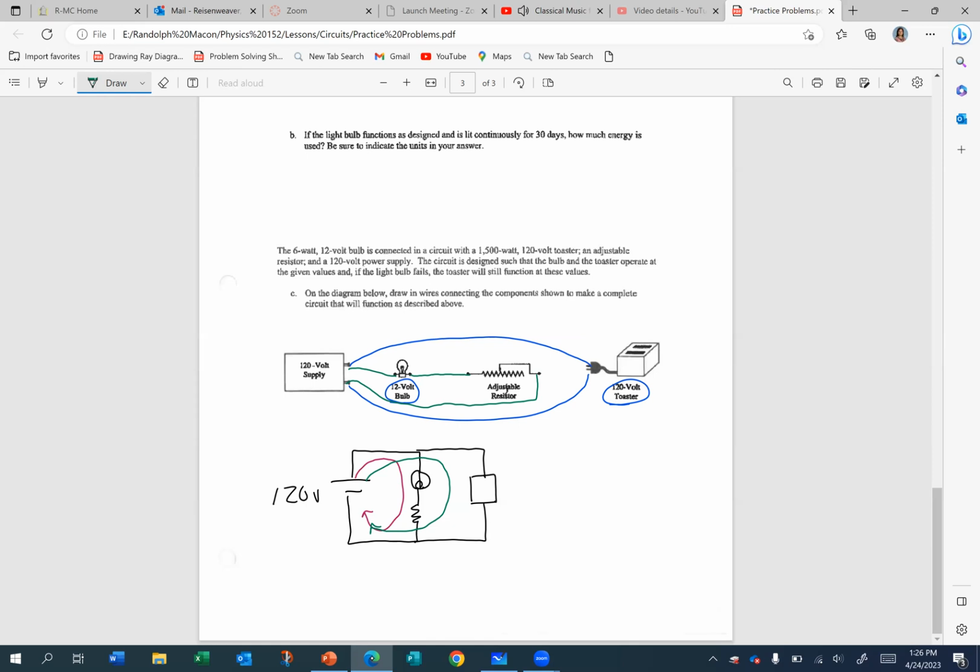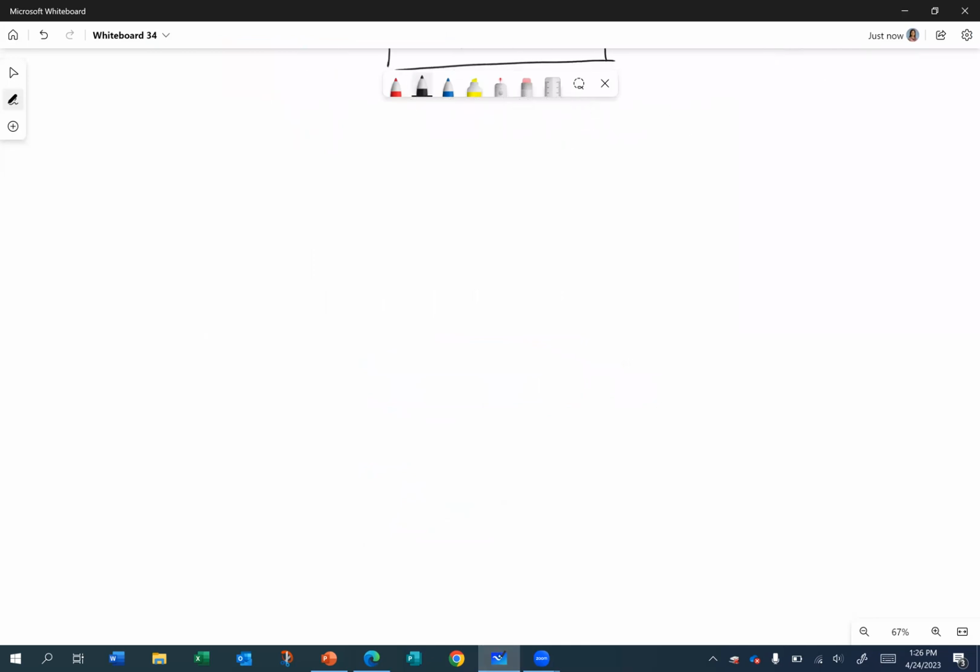What I would like you to do here is calculate how much resistance I need the variable resistor to be. What would have to be the value of that resistance? So again, redrawing our circuit: a light bulb with a variable resistor, a symbol you just kind of make like that, along with a toaster.